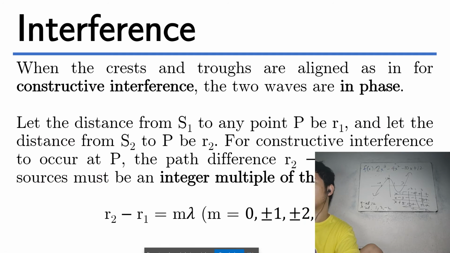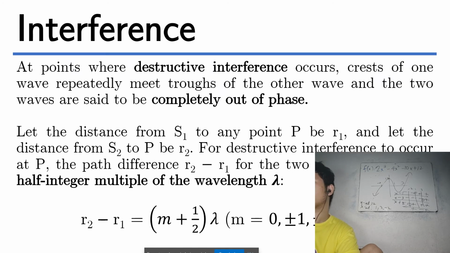Okay. So, ito, for constructive interference, integer multiple yung wavelength, no? Yung differences, yung phase difference or path difference nila, integer multiple ng wavelength. Pag naman destructive interference, half integer multiple ng wavelength, yung path difference. No?